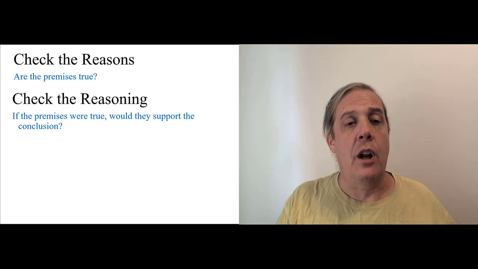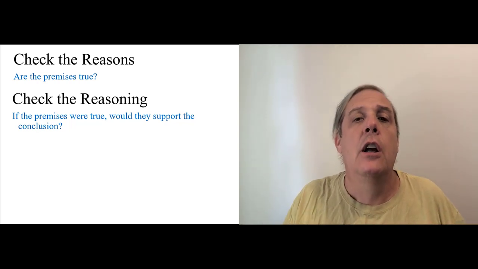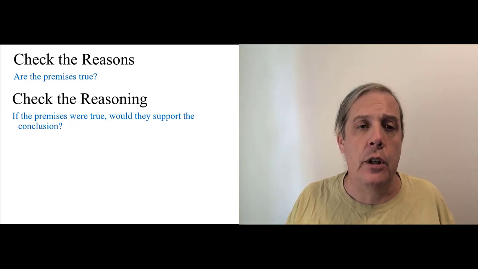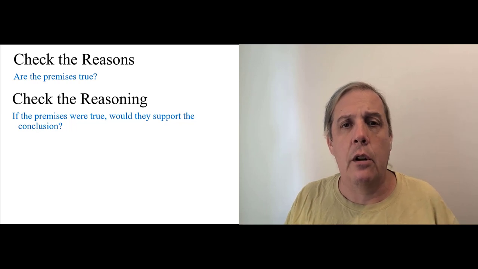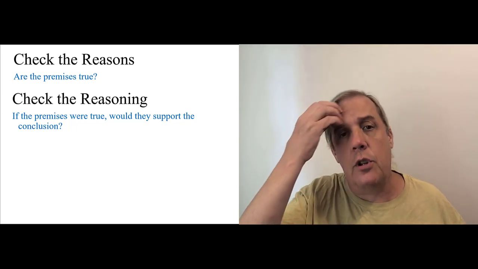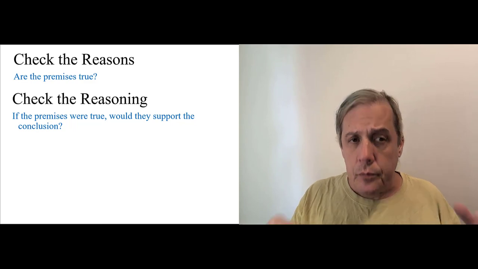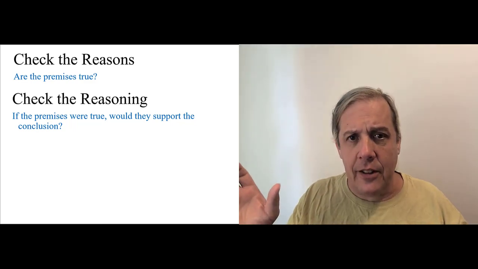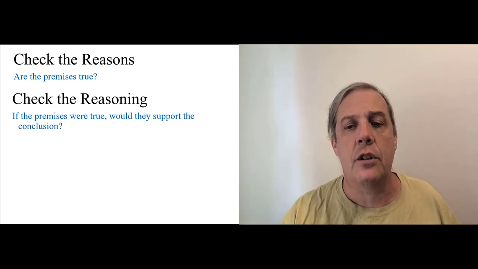You want to see if you can move from the premises to the conclusion. And when you do that, what you have to do is imagine that the premises are true. So in the earlier silly examples, when you think about all people are carrots, you set aside the fact that that's not true, imagine it's true, and then see if that leads to the conclusion, right?